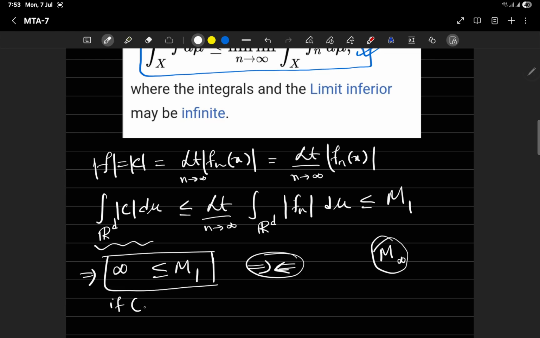But if c is 0, then there is no problem. So c should be 0 in this case. But we don't use the fact that m infinity is finite. You can use the fact that m infinity is finite to claim that c is a real number. C cannot be infinity. Okay. So that's it. This is the proof.